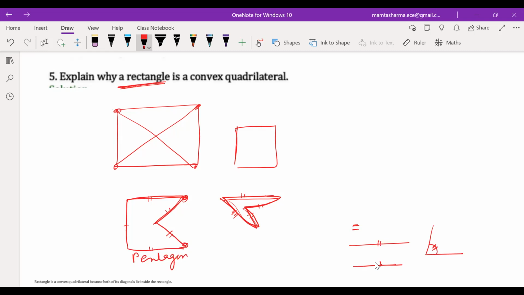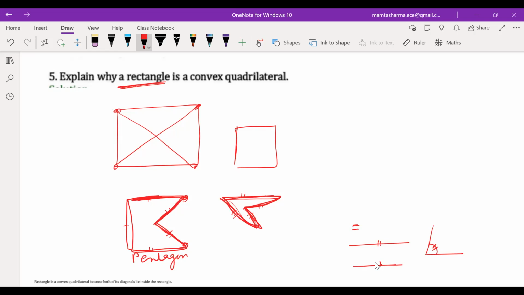If they ask you to explain concave and convex, you need not mark by double dash. Just draw the shape, because here you are not going to show whether they are equal or unequal length.